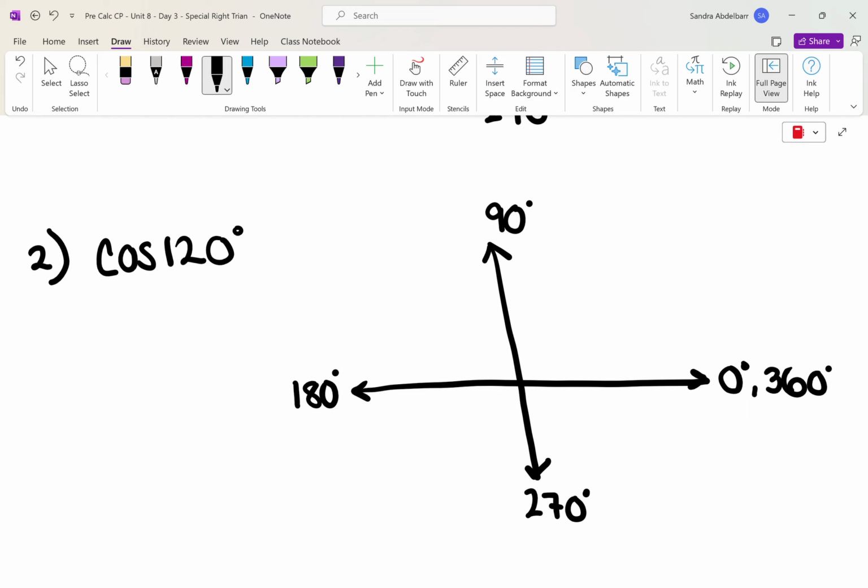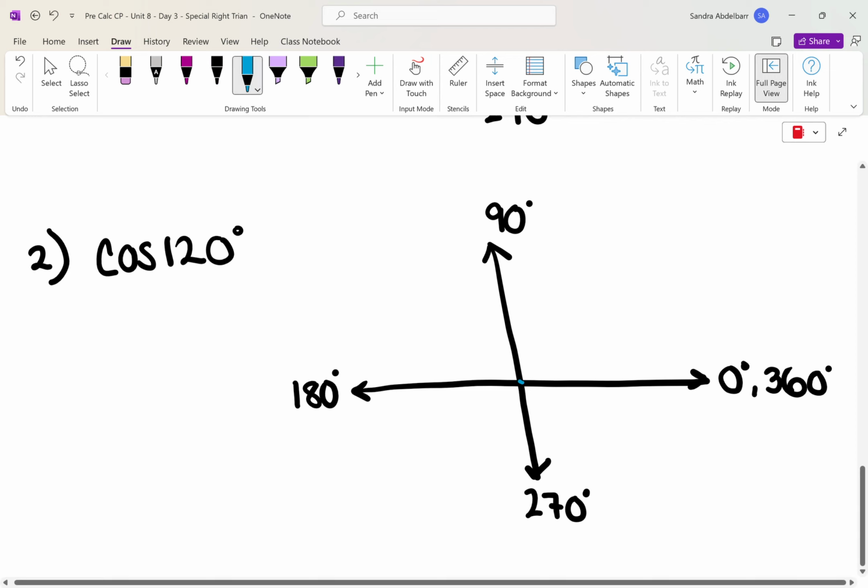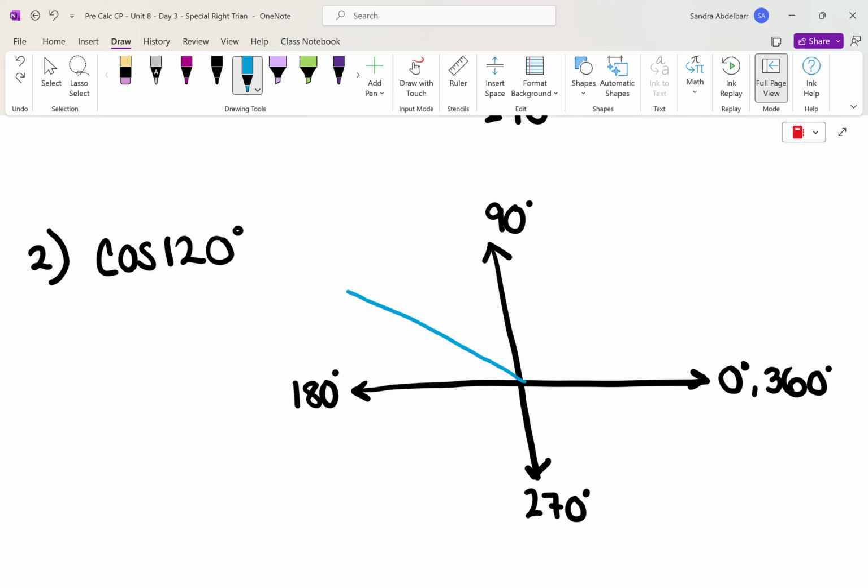All right, do we agree cosine of 120 brings us into the second quadrant? Right? So this would be like our 120-degree angle, but we never want to use the obtuse angle, right? So what am I going to do? Good. I want to find this angle.